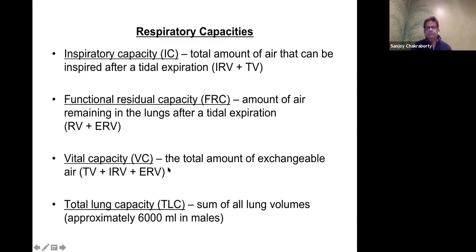Vital capacity. Pay attention to the definition: the vital capacity is the maximum amount of air one can exhale after a maximum inhalation. So if you take a deep breath, you can practice this later on, you cannot release only the TV.